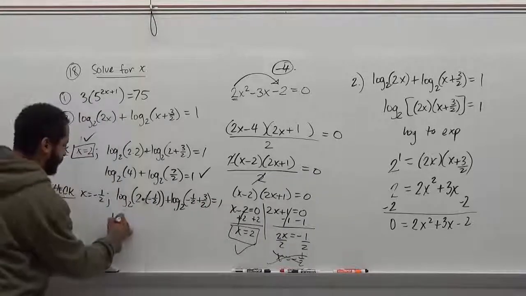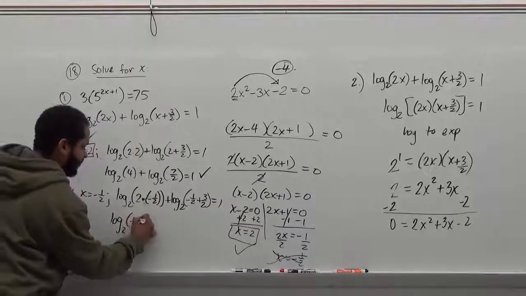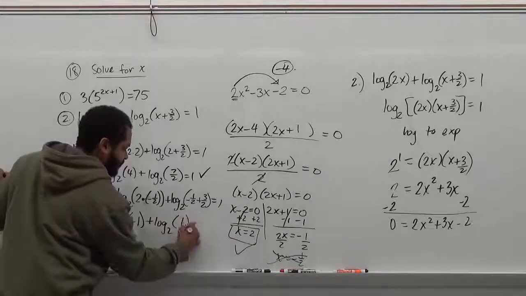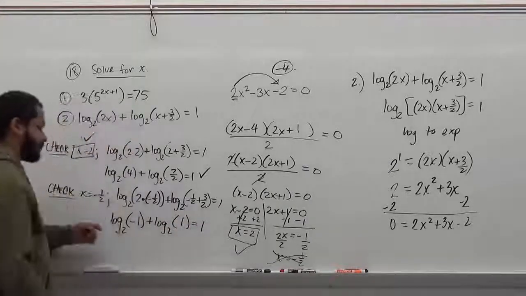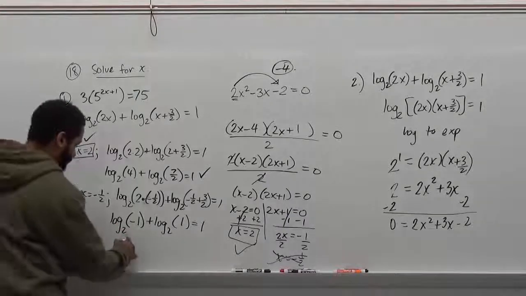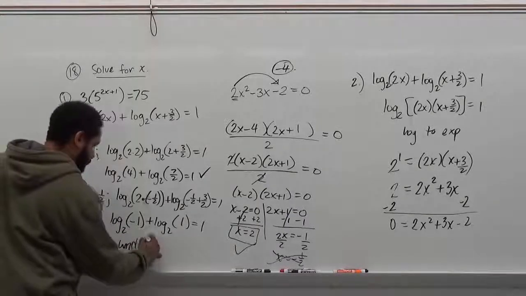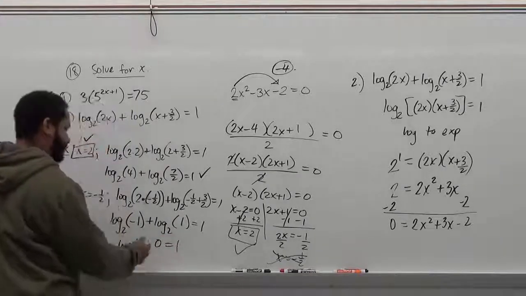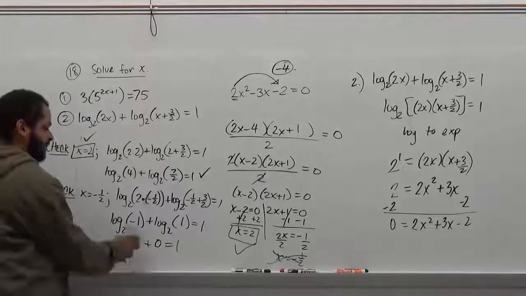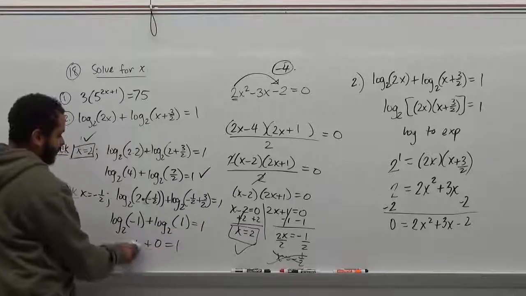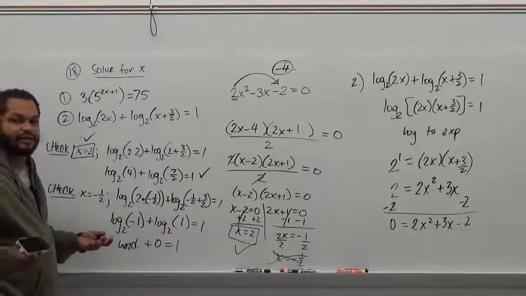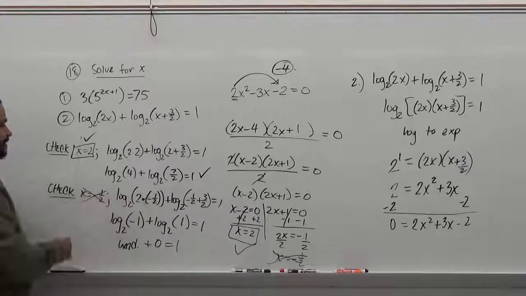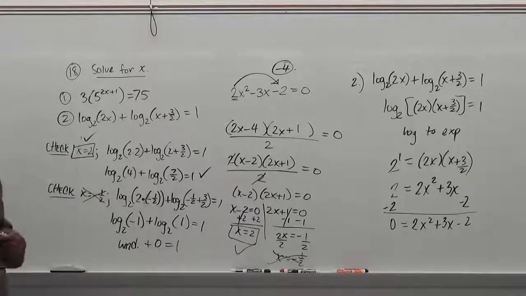And here we have log base 2 of negative 1 plus log base 2 of positive 1. And here we know this does not exist. So this is also 0. And we know this is not a possible solution because the log of 1 is 0, and you can't take the log of a negative 1. It's negative infinity. So this does not work. So x equals negative 1/2 is not a solution and only the positive 2 is.